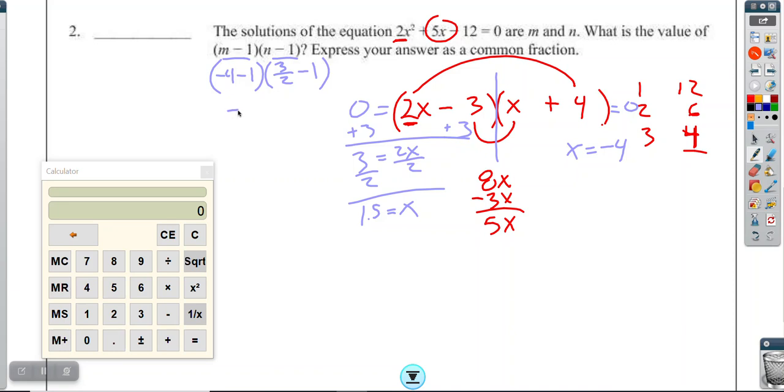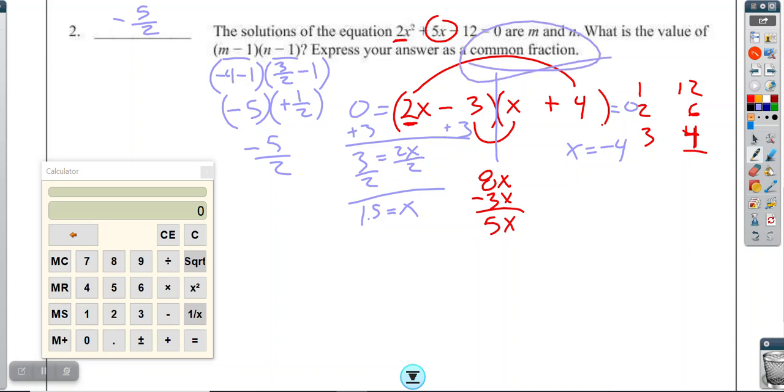So we get negative 5 times, well, that's just going to be 1/2. Oh wait a second, shoot. That's a negative 4, so that's a positive 1/2 because 3 halves is more than 1. So I multiply that together, I get negative 5 over 2, and that is my answer. It has to be this answer because it is a common fraction.